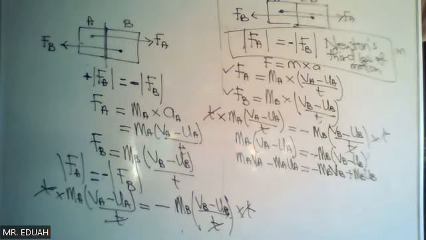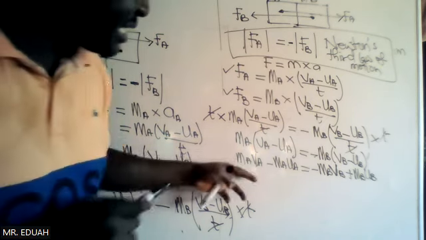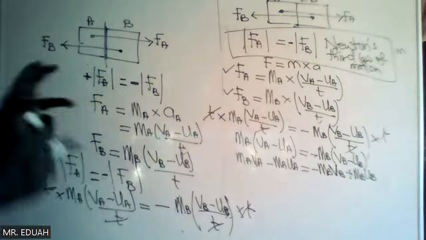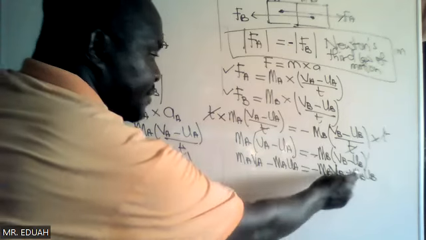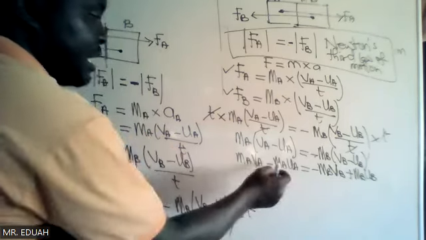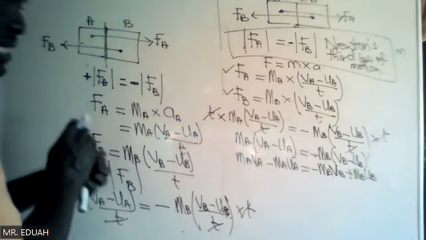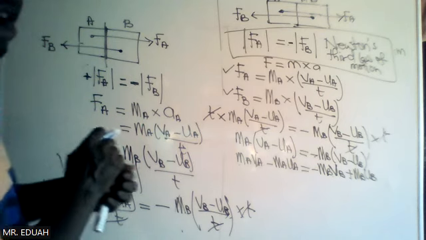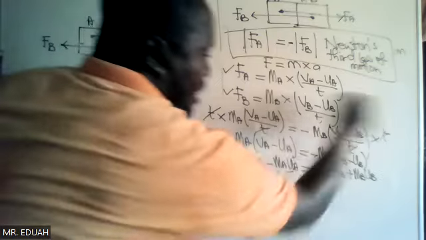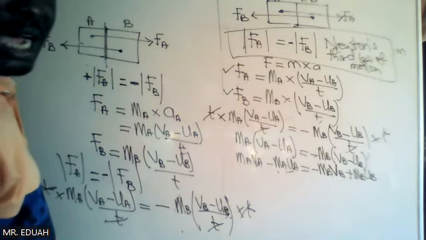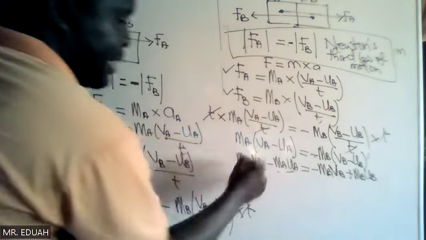Now group all the V's at one side and all the U's at one side. Let's bring the V here, because we are bringing all the V's to one side and all the U's to one side. This is negative U, it will take it to the other side so that it will be positive. And then this is negative MBVB, we'll bring it to this side.